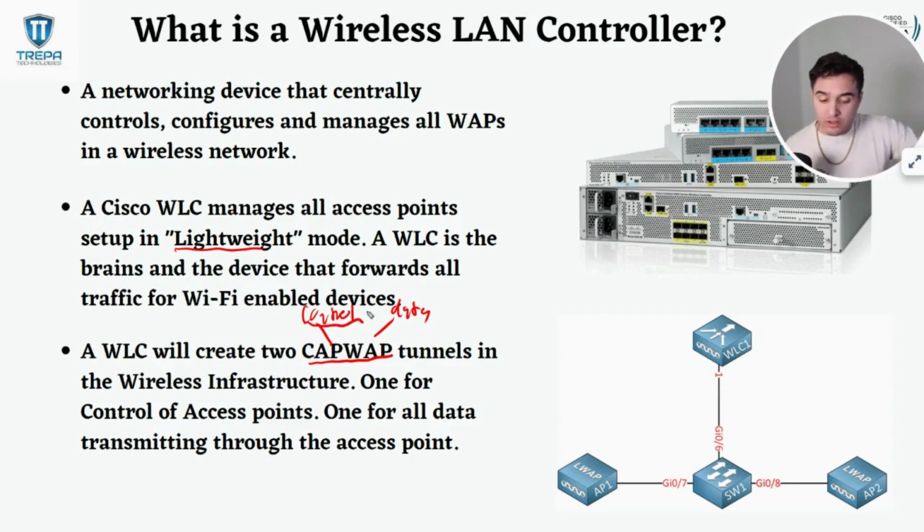The control tunnel is going to be giving that access point its profile and settings and how it should interact with its Wi-Fi enabled devices. And then it's going to have a data tunnel where it's actually sending those endpoints' data back to the wireless LAN controller, so the wireless LAN controller can decide how to route that traffic or switch that traffic, okay?